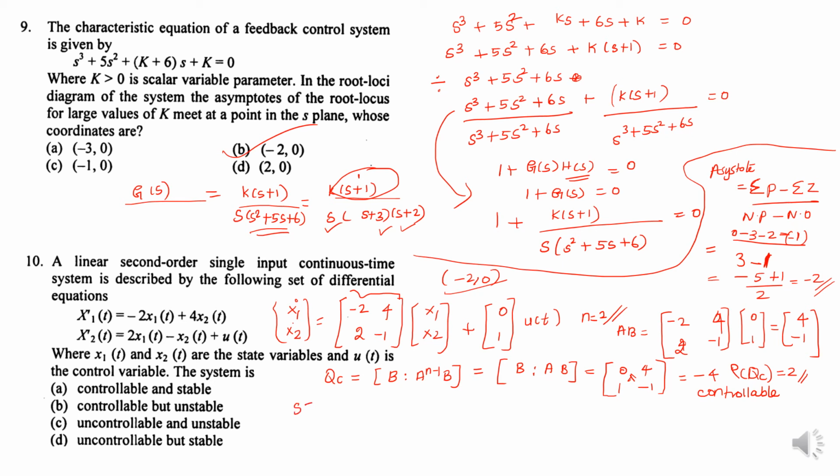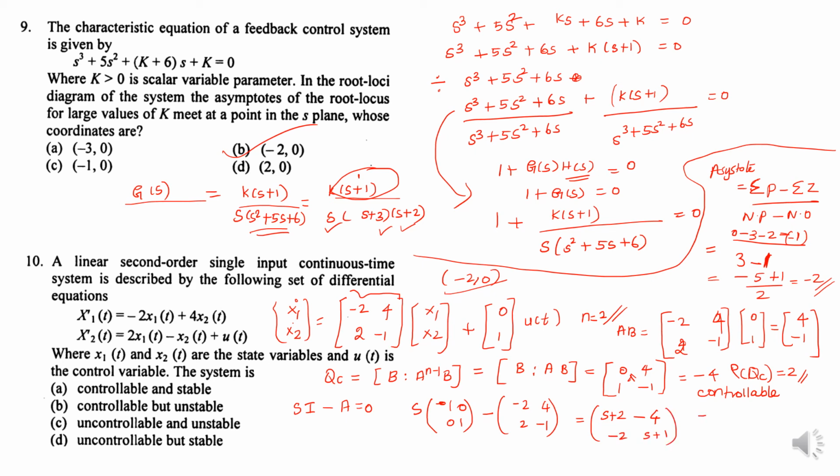How to find out the characteristic equation? SI minus A equal to 0. So S into I. I is the identity matrix 1 0 0 1, minus A. A is minus 2 4 2 minus 1. Now S plus 2, minus 4, here minus 2, S plus 1.